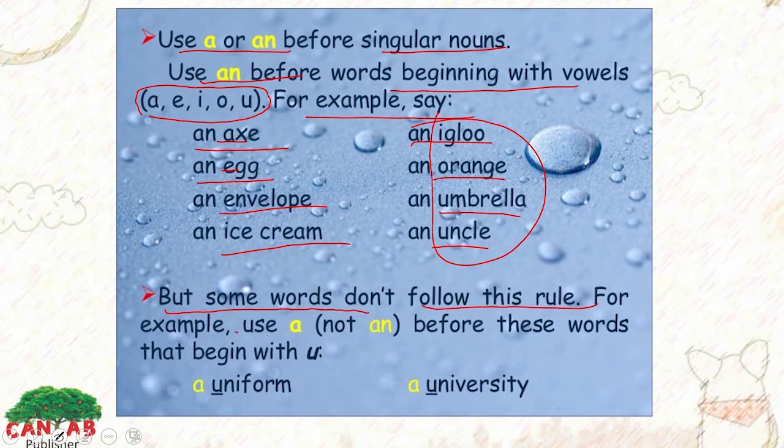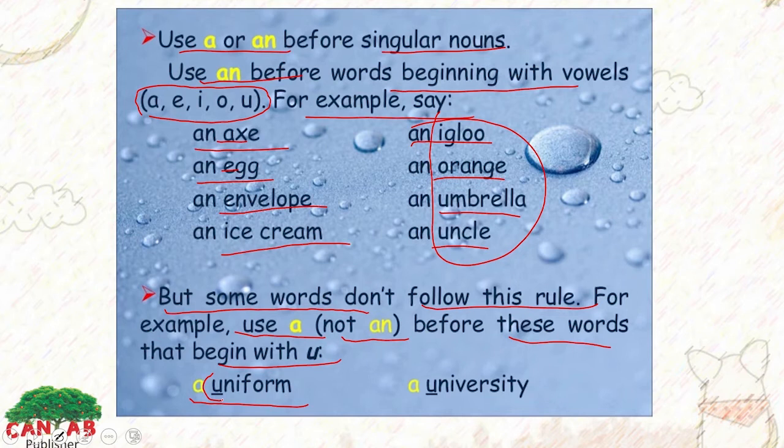For example, use a, not an, before these words that begin with U: a uniform, a university. You have to understand the sound. You have to follow the vowel sounds, not the word, the sound.